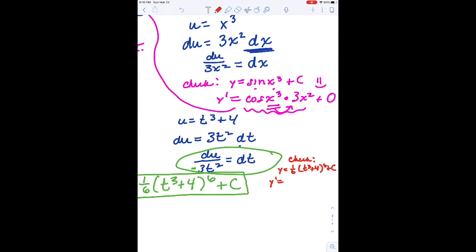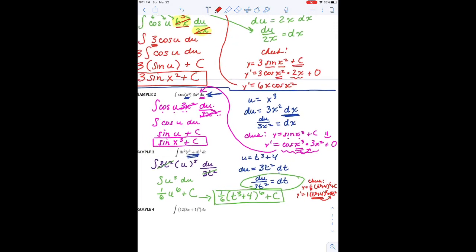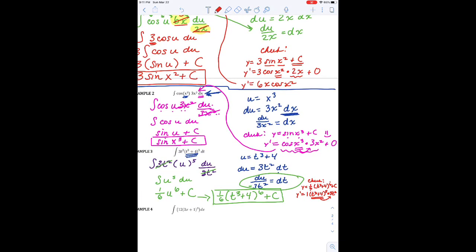Taking the derivative of this thing, that's a chain rule. So I'm going to do 1/6 times 6, which is 1, times the thing to the 1 less power, 5, times the derivative of the inside, which would be 3t squared, and the plus constant has derivative 0, so we don't need to care about it. Is this what we started with? Let's see, I'm checking this against the original.